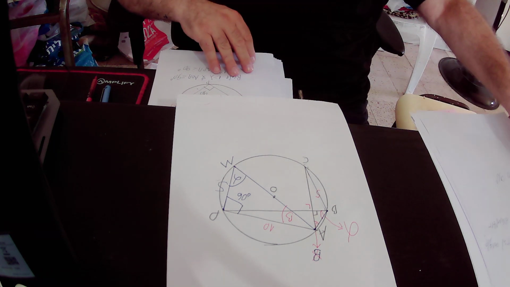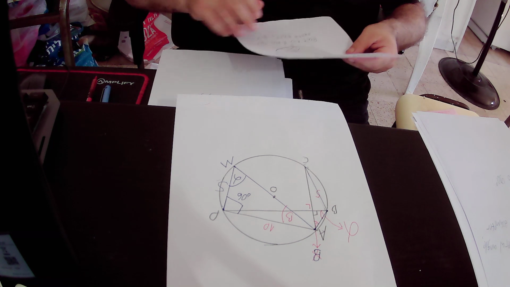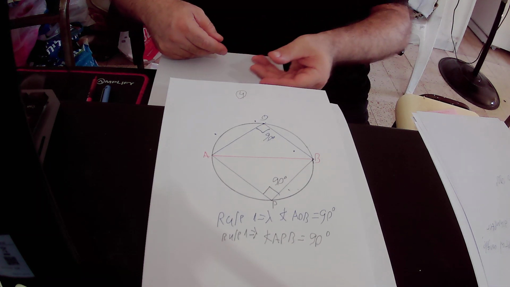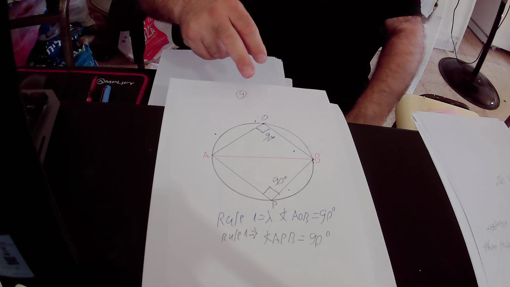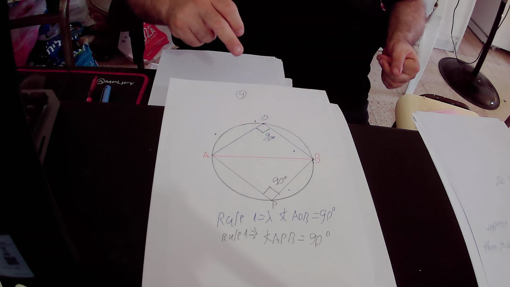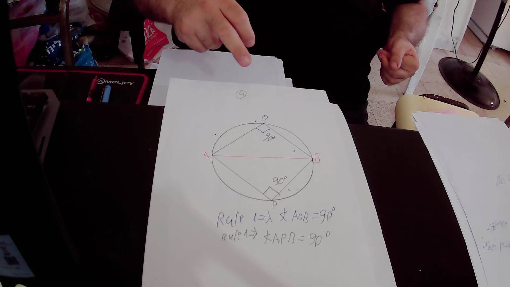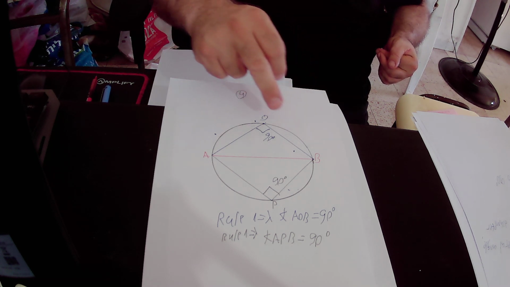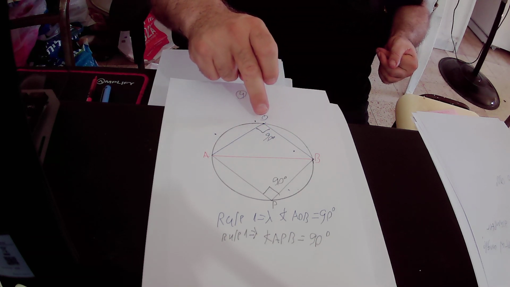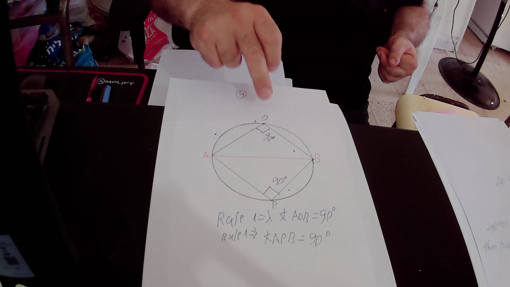Okay, because if in this circle AB is the diameter of the circle, you have angle AOB that rests on the diameter. It equals, according to rule number 1, 90 degrees.